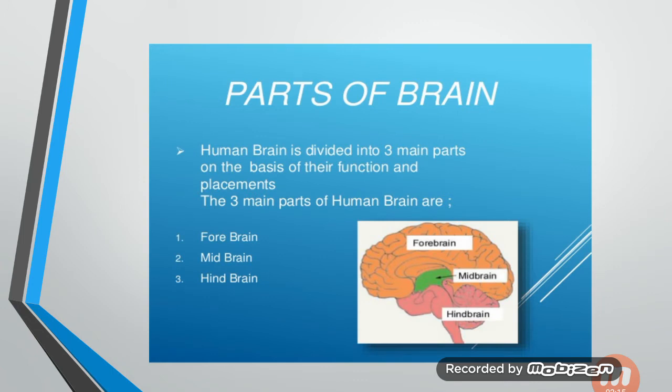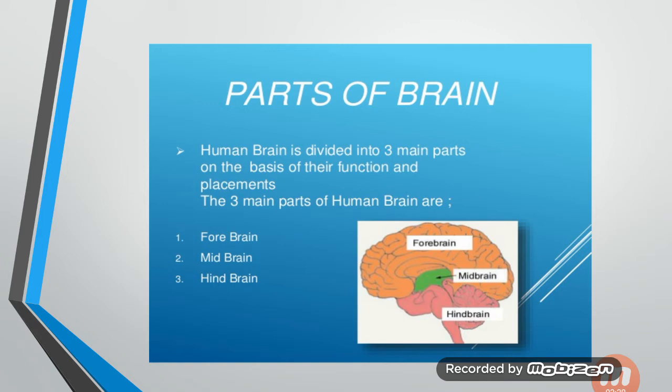If we talk about the parts of the brain or the divisions, it has been divided up into three main parts: the forebrain, midbrain, and hindbrain. You can see all the parts in this diagram.